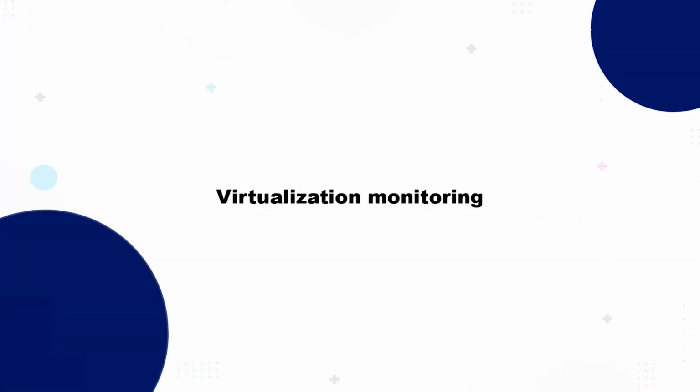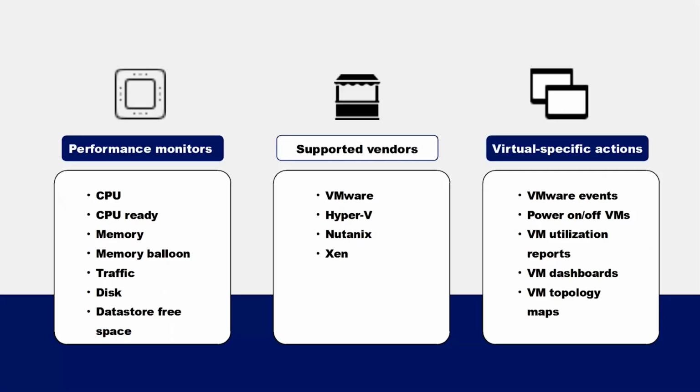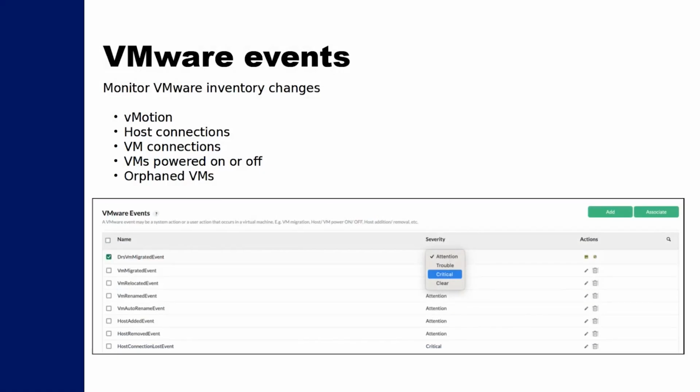Next we have virtualization monitoring. Virtualization monitoring is more or less similar to what we discussed in server monitoring. In server monitoring, we saw the availability and performance metrics. In virtualization monitoring, we get some additional information, that is VMware related data. For example, I have my vCenter discovered in the OpManager application.